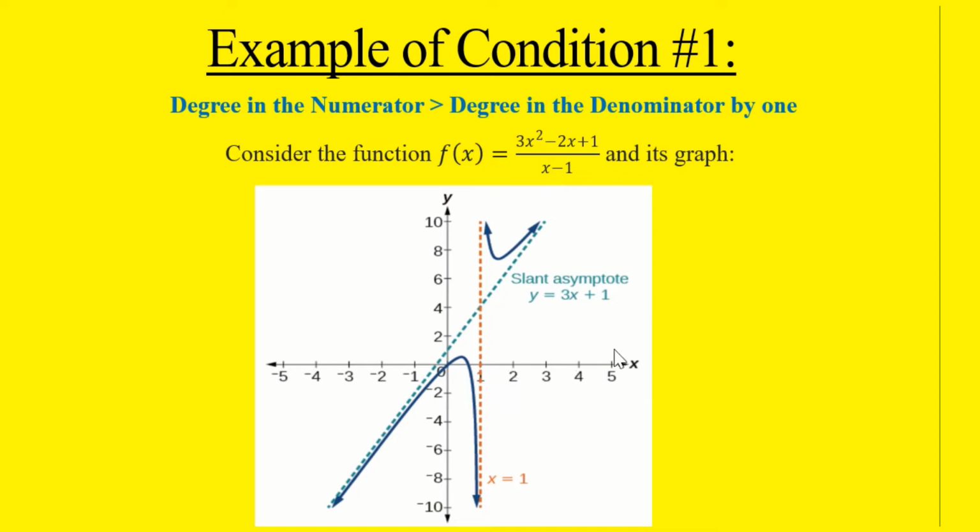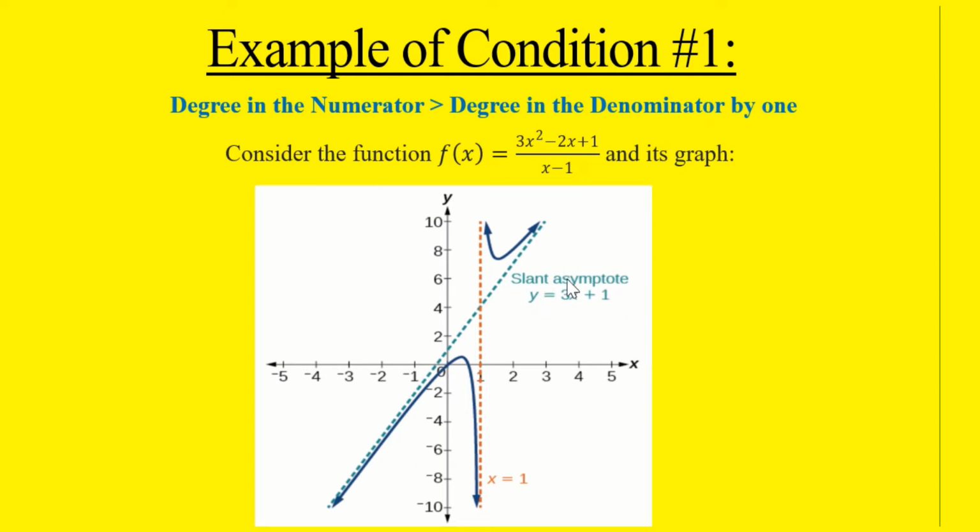Remember, horizontal just goes from left to right, so you can see we don't have a dotted line going in the horizontal direction, but instead we have a slant asymptote. You can see this green dotted line here that represents the slant asymptote. The blue line represents the graph of this function, and you can see that it gets very, very close to that dotted line, but it's never going to cross over that asymptote.